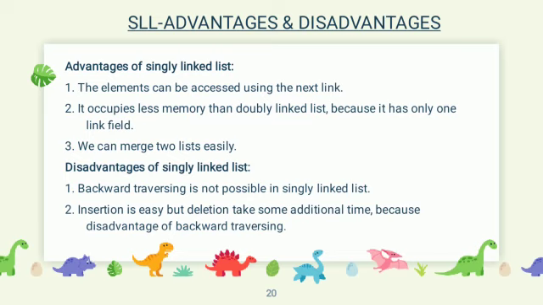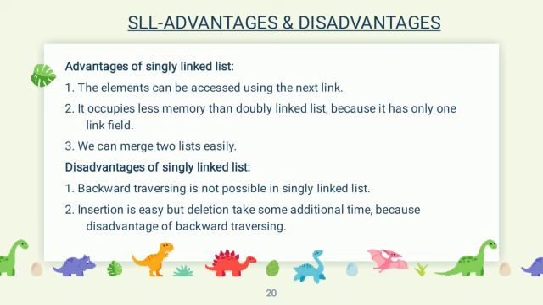Next one, it occupies less memory than a doubly linked list, because the singly linked list has only one link field. By using a singly linked list, we can merge two lists easily.